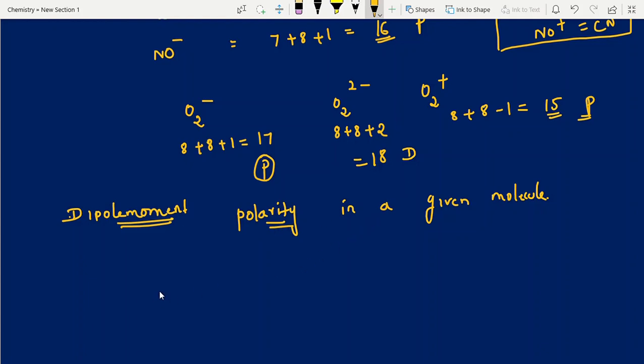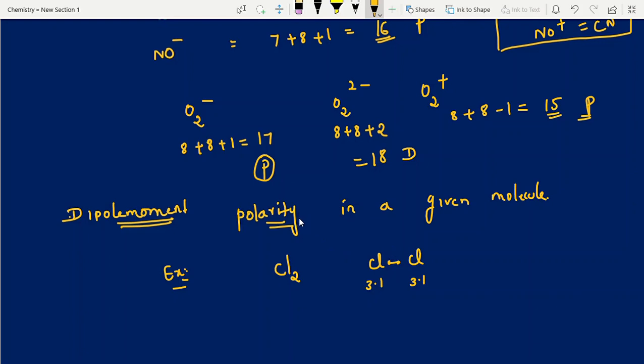See students, to understand polarity more, I am giving one example. Suppose Cl2 you have taken: Cl, Cl. This one has electronegativity 3.1, and this one also has electronegativity 3.1. So no one is pulling the electrons; they are mutually sharing. Both have the same electronegativity, so there is no polarity.